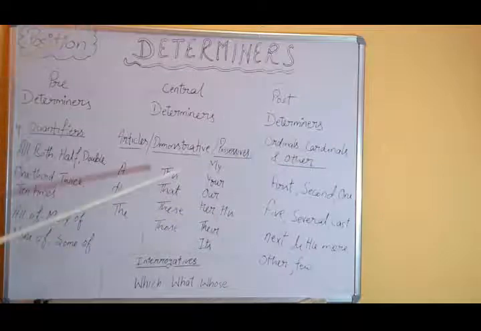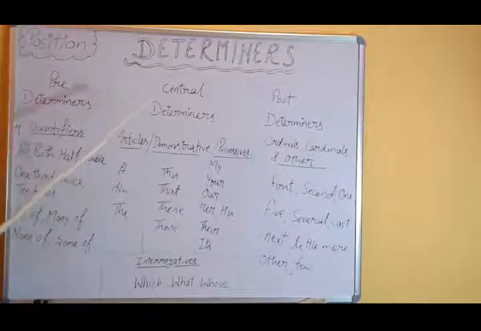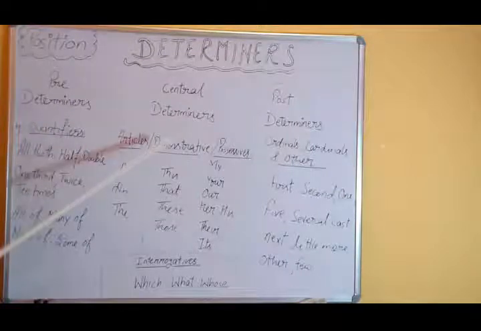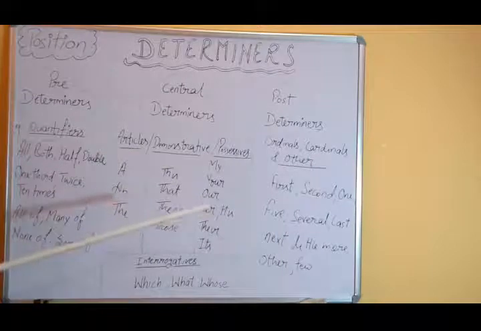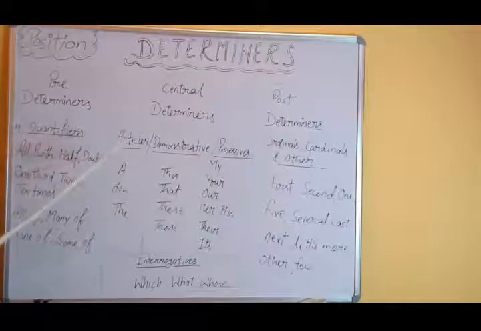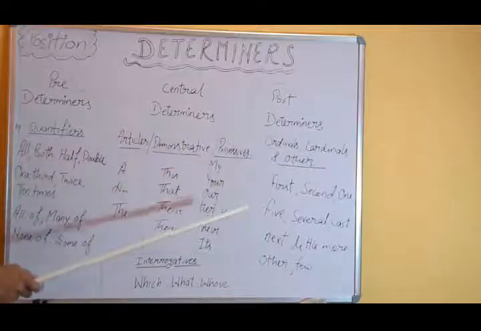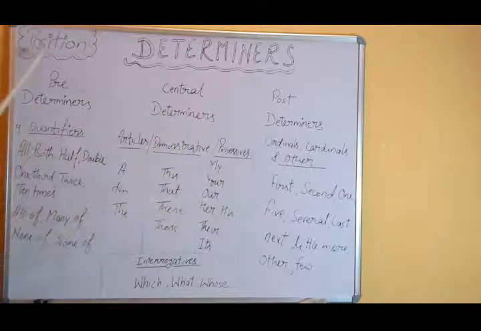So in this way, this is the position of various determiners: predeterminers, central determiners and post determiners. While making the sentence, we will put these determiners in their proper place before the noun. I hope the position of determiners is clear to you.